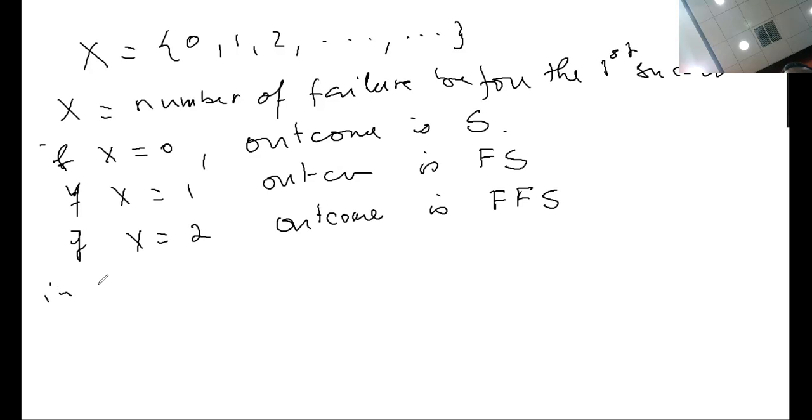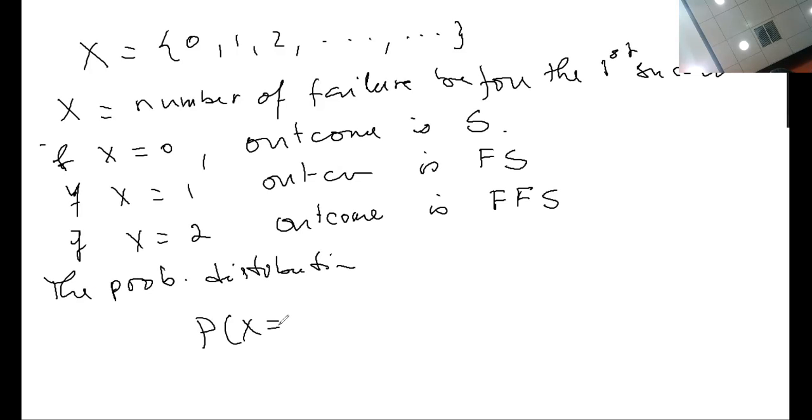In general, the probability distribution is the probability that X equals k, which is 1 success, the last one, times q raised to the power k, the number of failures.